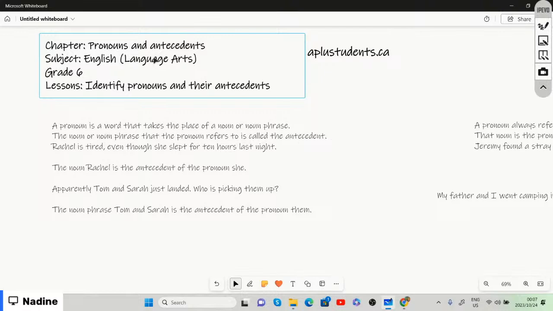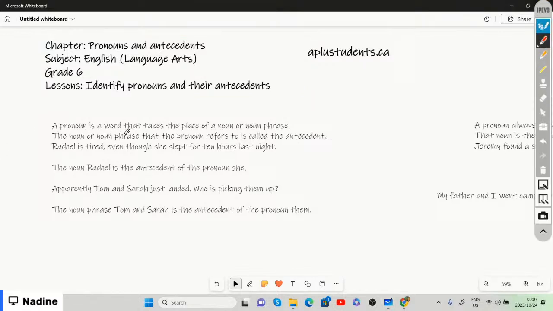So a pronoun is a word that takes the place of a noun or a noun phrase, right? And the noun or that noun phrase that the pronoun refers to, we call that the antecedent.